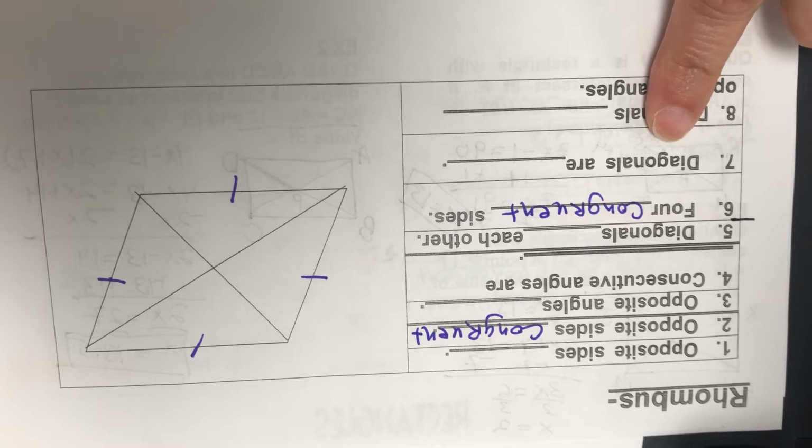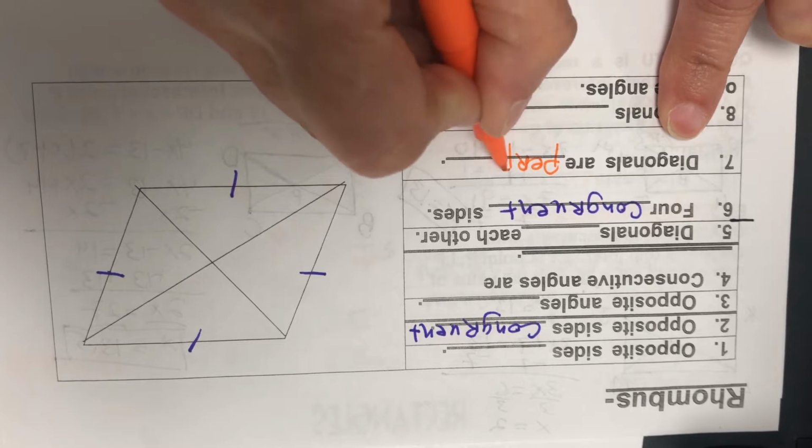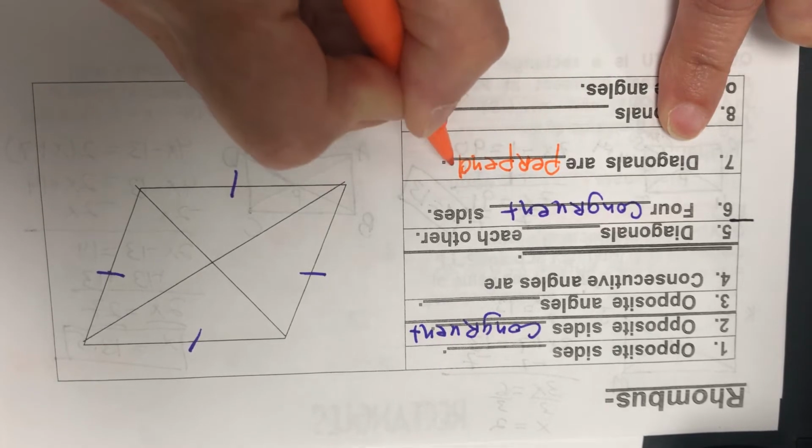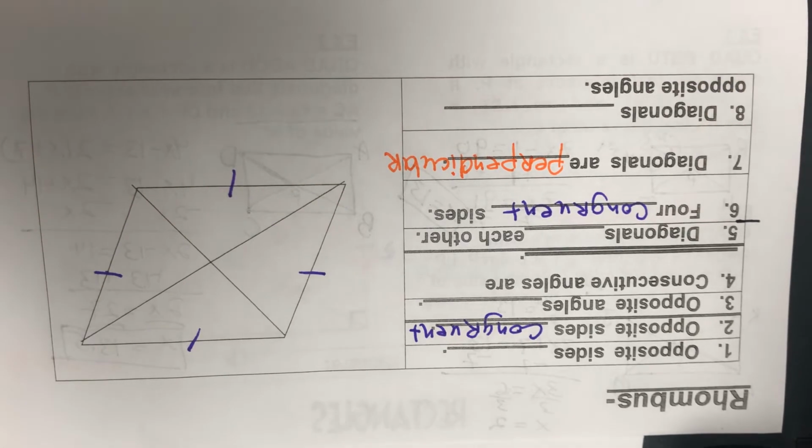Now, a very special thing happens in a rhombus. Our diagonals are perpendicular. Man, I write too big.